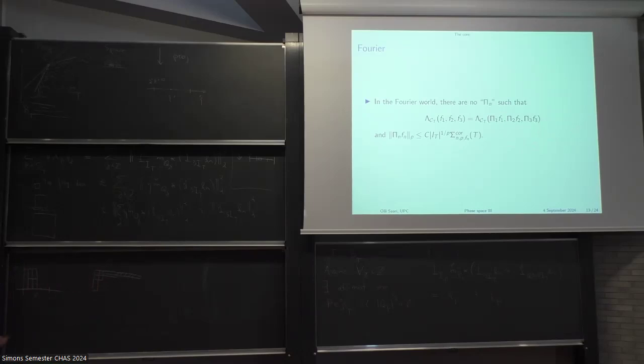And now these projections, they even turn out to play well with the sizes that are relevant in the Walsh world. So things work very well. But now in the Fourier world, we don't have these projections.